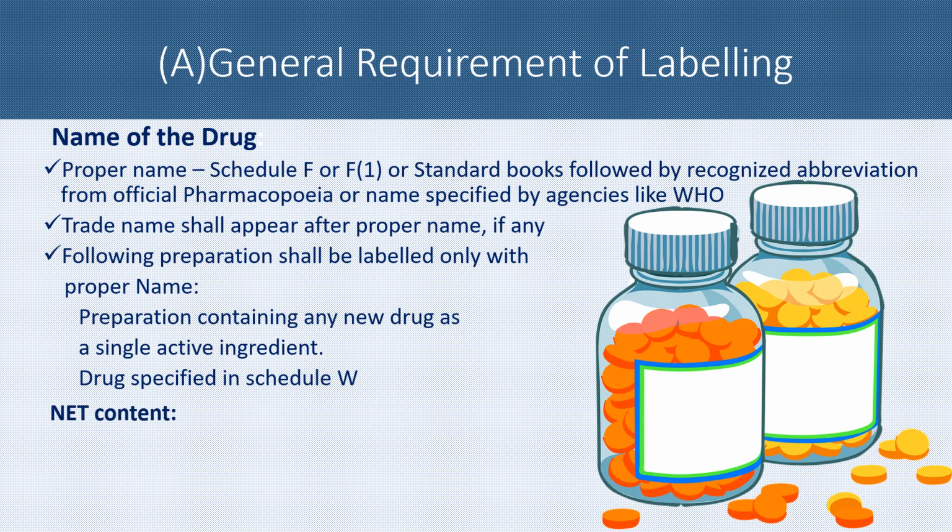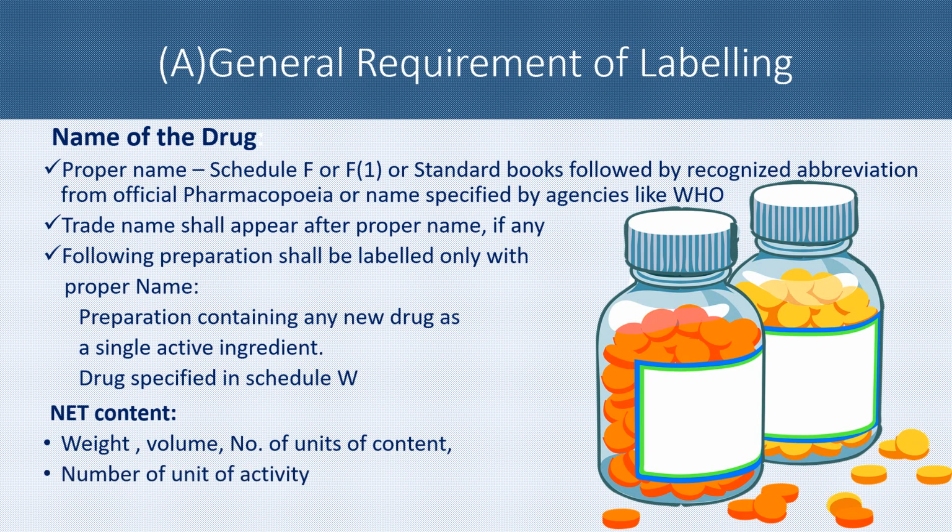Now let us see the net content. In the label you should mention the weight, volume, number of units of content. Next one is the number of units of activity. So these are the requirements under the net content.